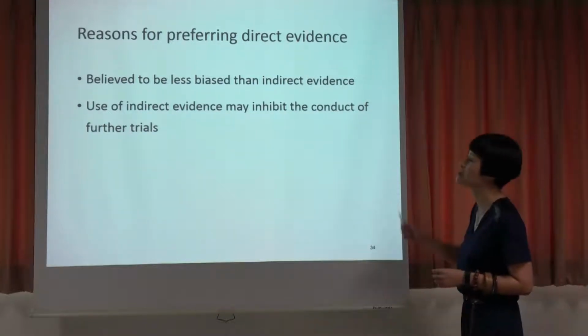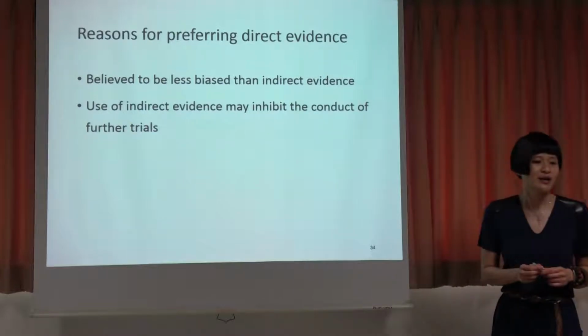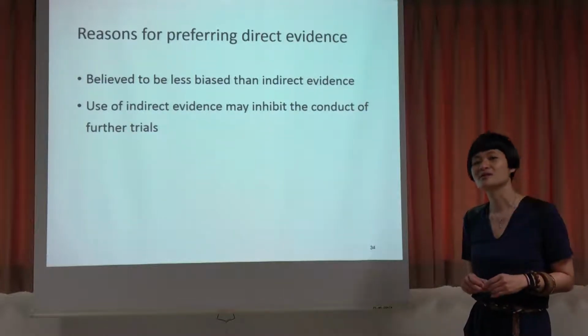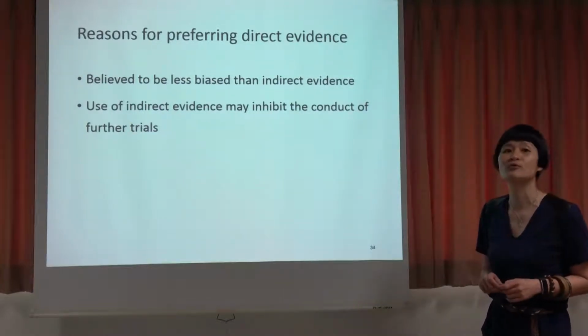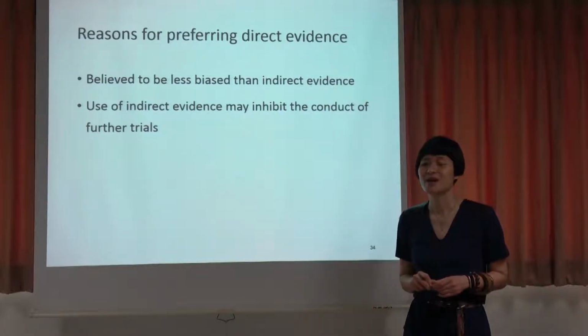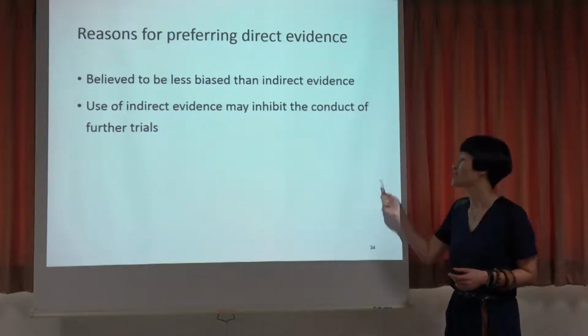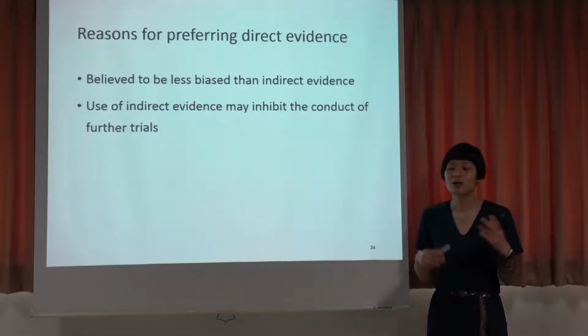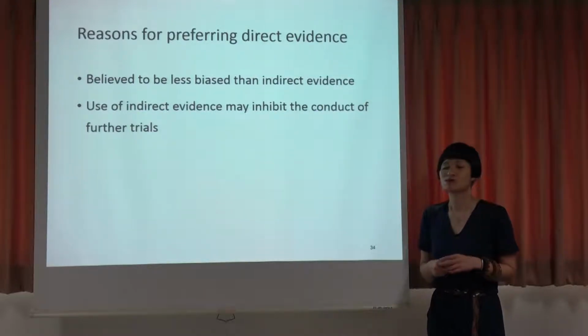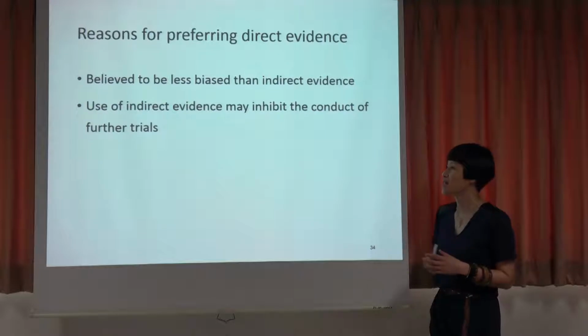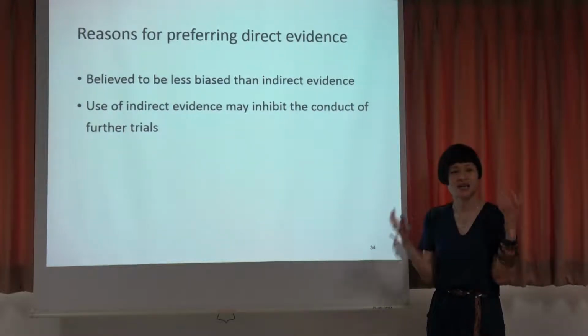So that's one danger that people think, well, if we're all relying on network meta-analysis and indirect comparison, then nobody would be interested in doing head-to-head studies. But I don't think that's necessarily true, because there are limitations to these studies, and for these studies to make sense, you have to be able to build a connected network.